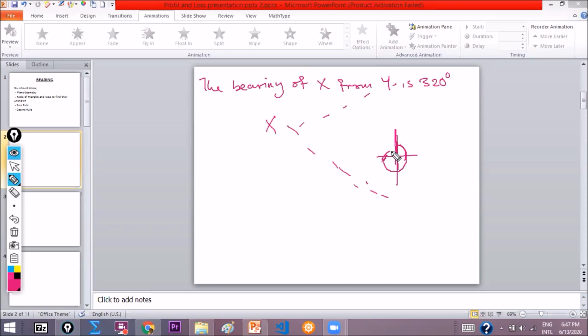It's 320, so we have to draw this line to meet x, wherever x is. This is y. After you've drawn this north, east, south and west, and after you've drawn the 320, then where it stops, you project that line upwards.